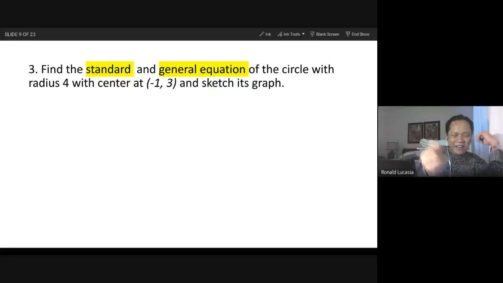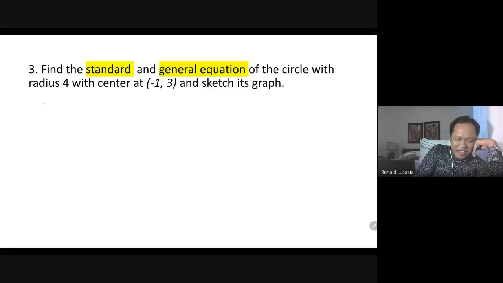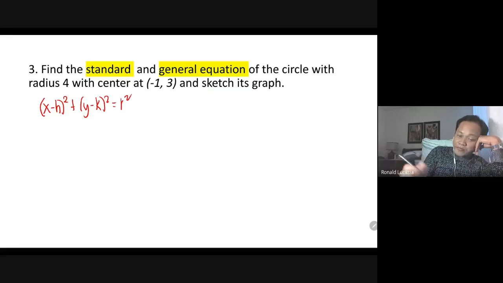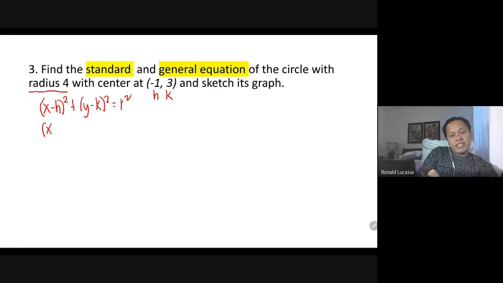Ulitin natin, okay? So we have x. So negative ang ating h, di ba, x minus h quantity squared plus y minus k quantity squared equals r squared. This is our h, this is our k. Tapos yung radius natin ay 4. So that is why we will have there x. The formula is negative.